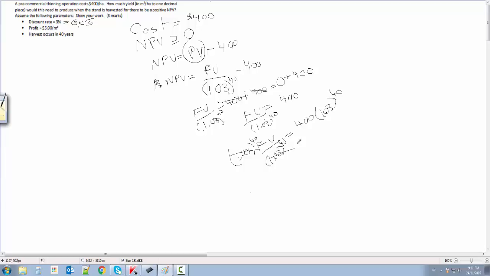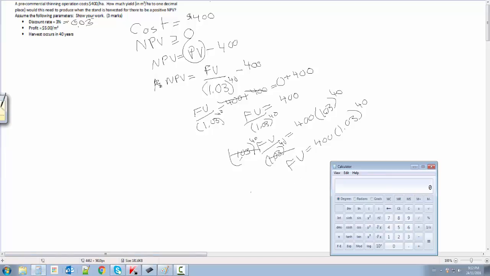And this is going to cancel out and equal 1, and I'm going to be left with an equation: future value equals 400 times 1.03 to the power of 40. And pulling out my handy calculator here, typing these numbers, 400 times, open bracket, 1.03, close bracket, y to the x, 40.